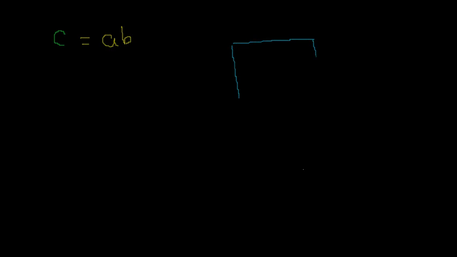If I have a rectangle, one side of the rectangle might be A, and the other side might be B, and then C in this case would be the area. So now we naturally have such an equation.